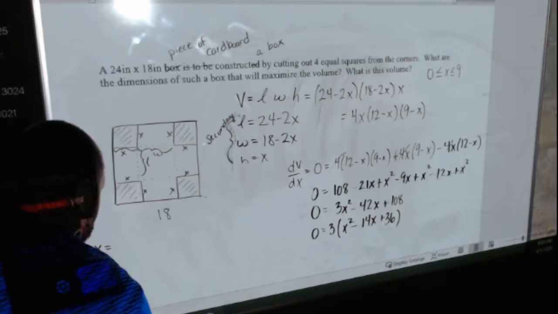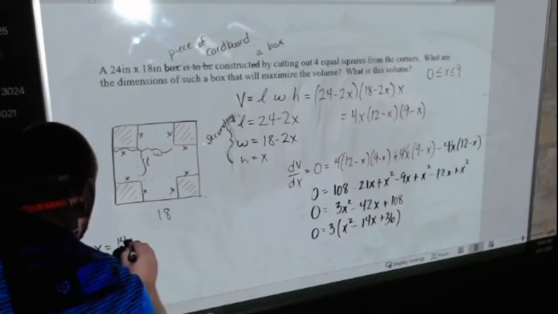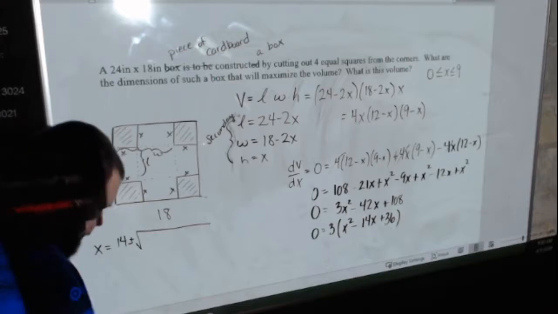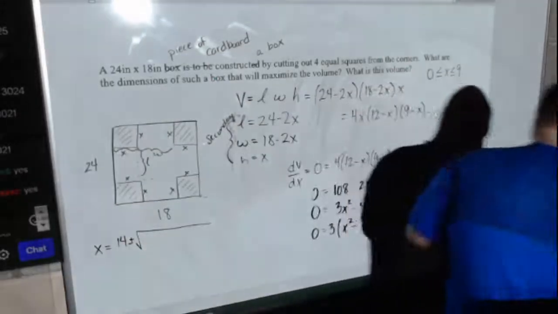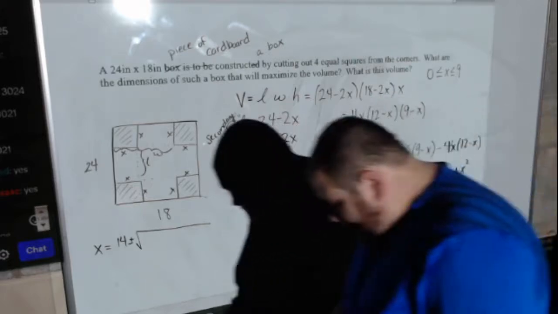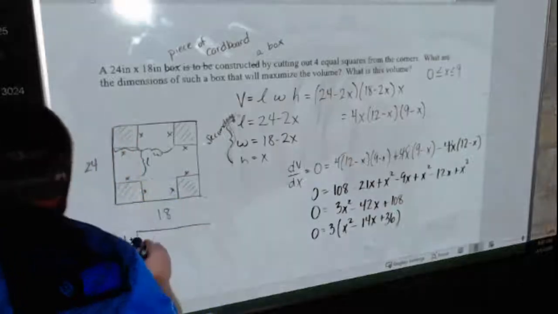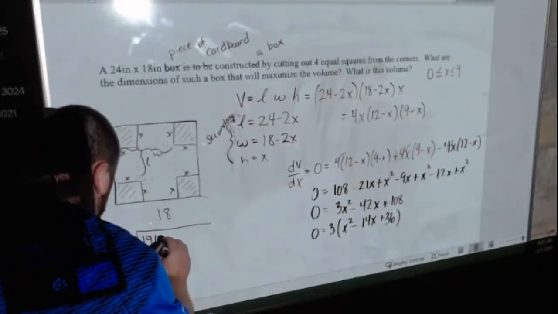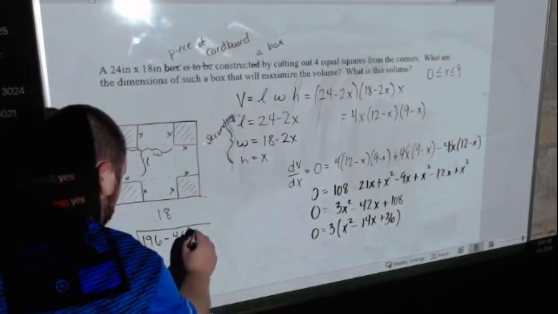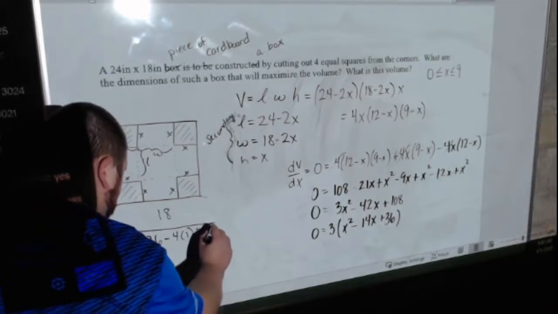So x equals 14 plus or minus square root of 14 squared minus 4 times 1 times 36.